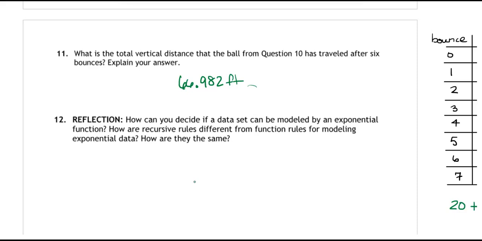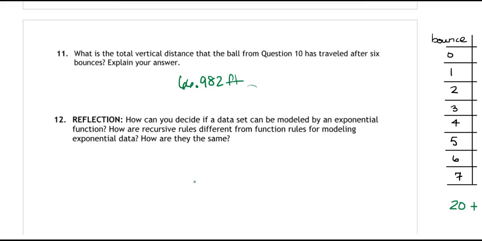Now, how are recursive rules different from function rules for modeling exponential data? A recursive rule is where you're writing something based off of what happened previously. And I shouldn't say just previously, I should say the term immediately before. So that makes it very limited, just like we were discussing yesterday, in terms of the usability.